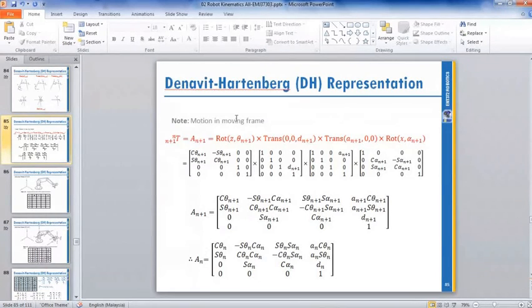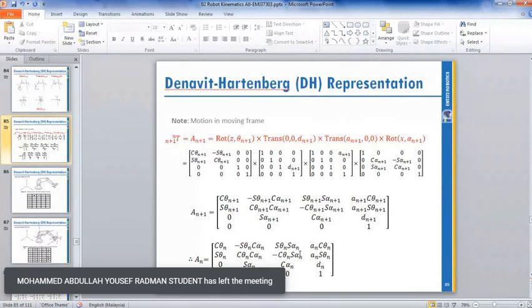But if you use the DH method, your controller just calculates using one matrix form. So you will automatically get the position of your robotic arm. So it's faster than homogeneous. This one looks like homogeneous, right?